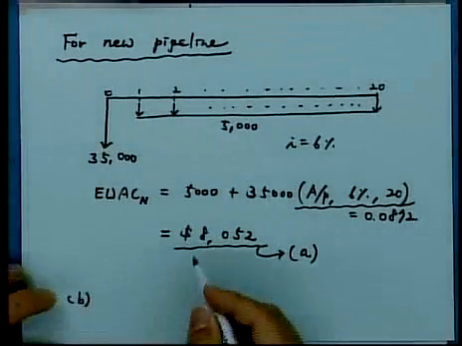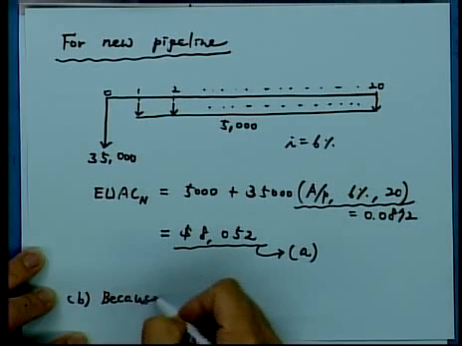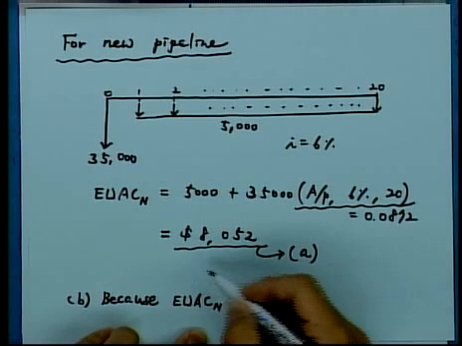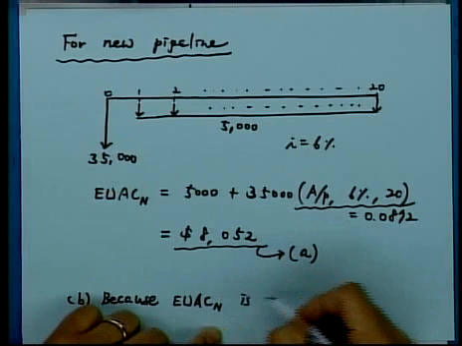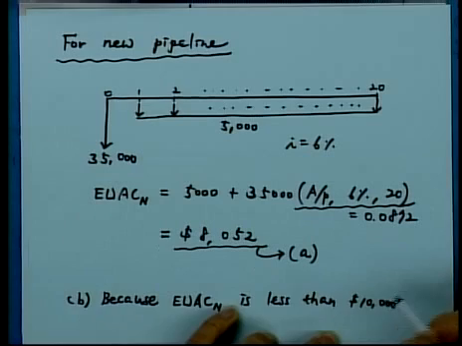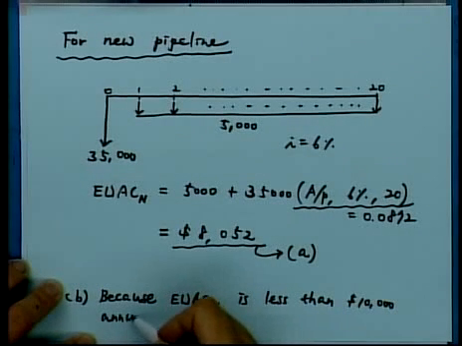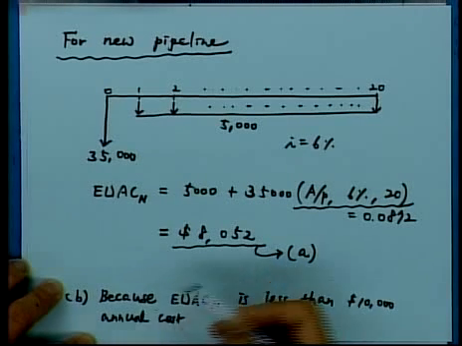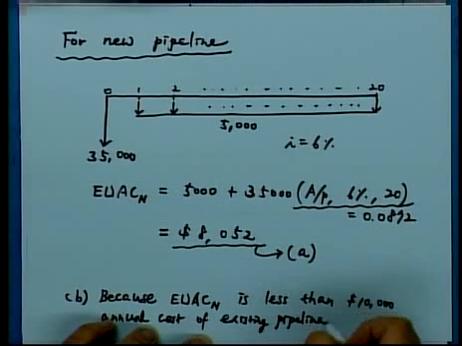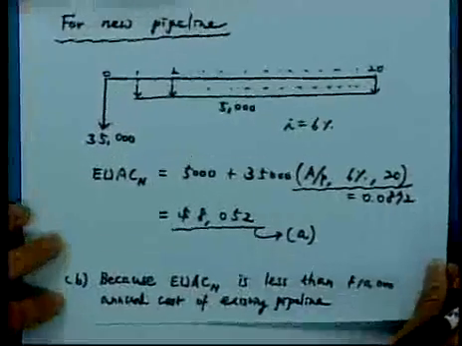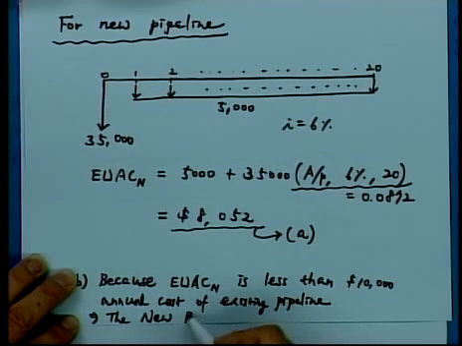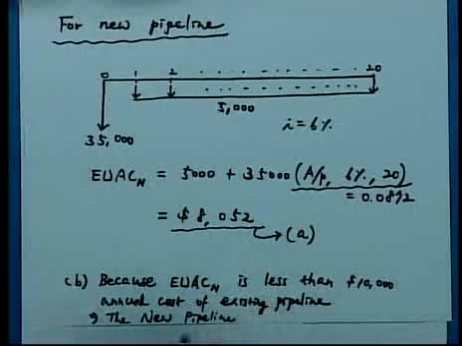So in B, because the EUAC, equivalent uniform annual cost, of the new pipeline is less than the $10,000 annual cost of the existing pipeline, the new pipeline should be constructed.